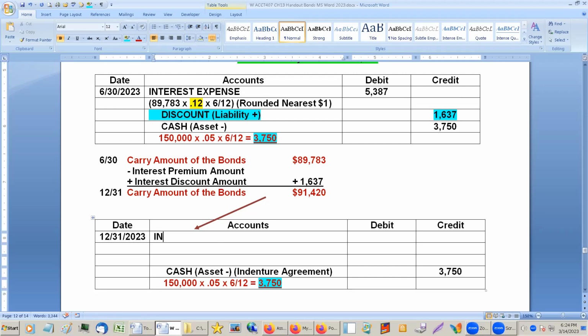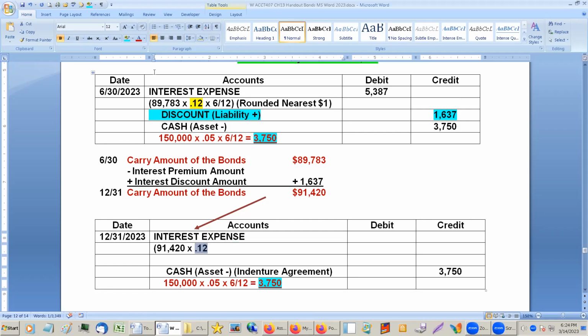Okay, interest expense. Now we owe them more money. We owe them 91,420, so that's what we're going to use. 12% is the market rate. The 12% will stay the same.